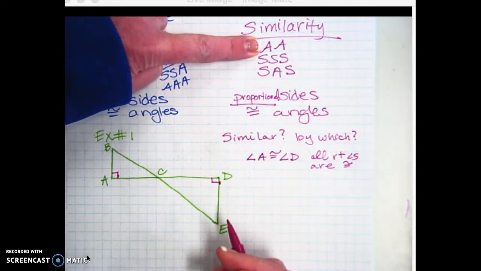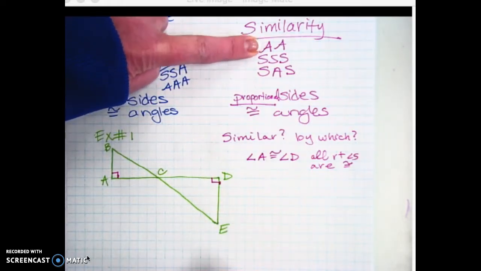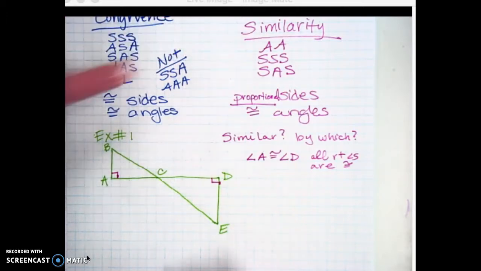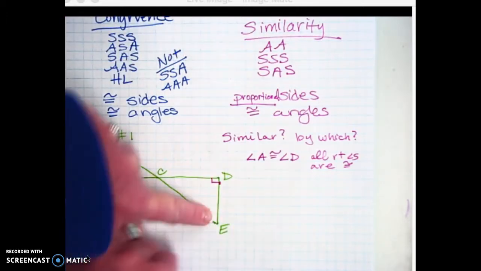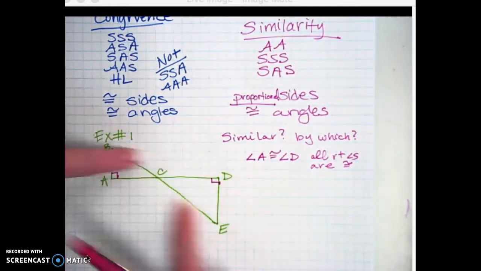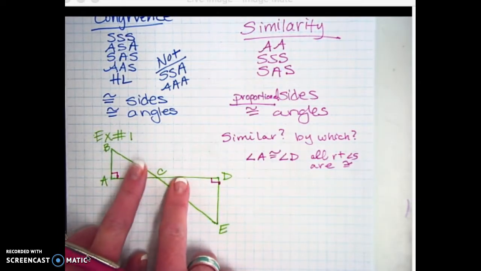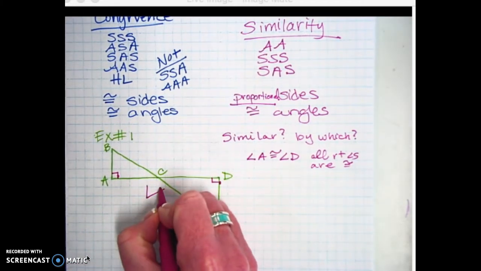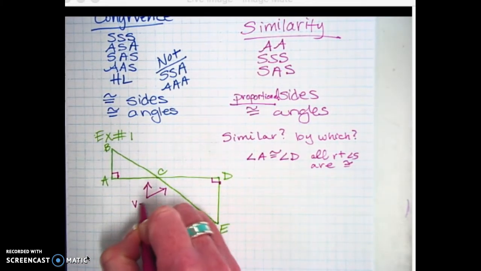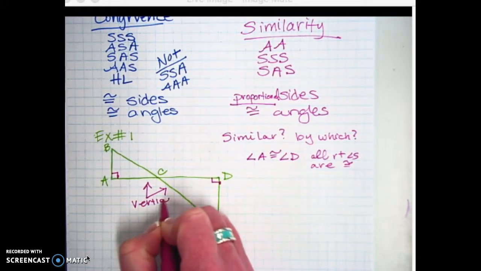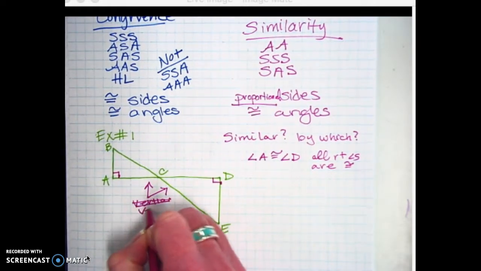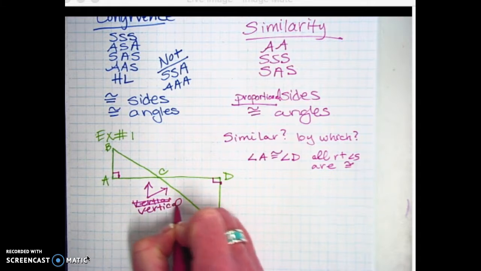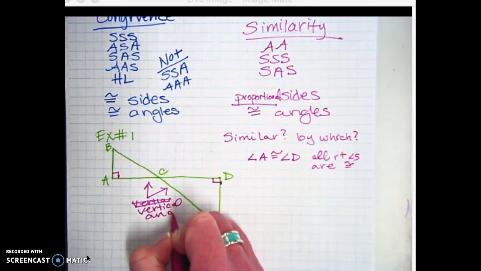Is there another way to get another angle from each triangle congruent to each other? Yes. You see how we have this X in the middle here? That makes a pair of what angles? Vertical angles.